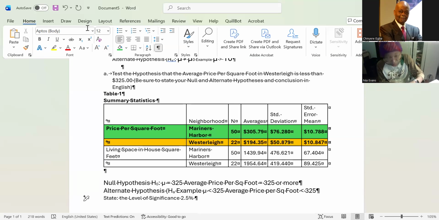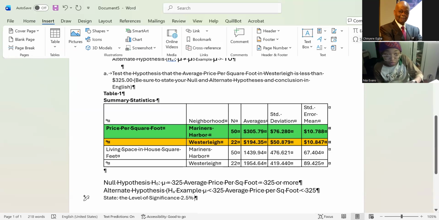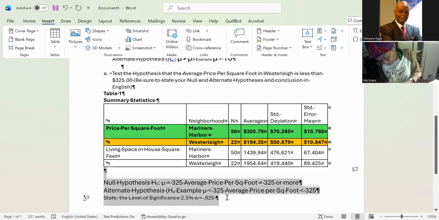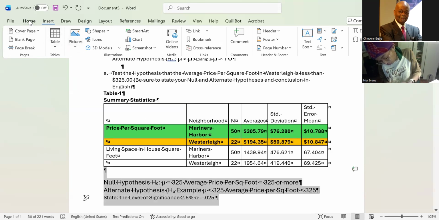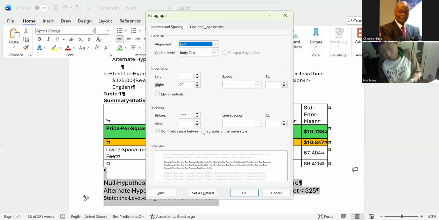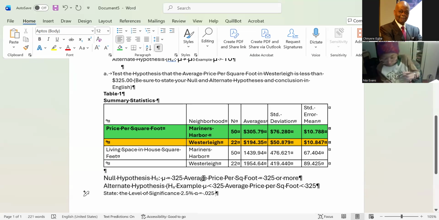That is to say, what we'll call the alpha, alpha is 0.025. We state the level of significance.